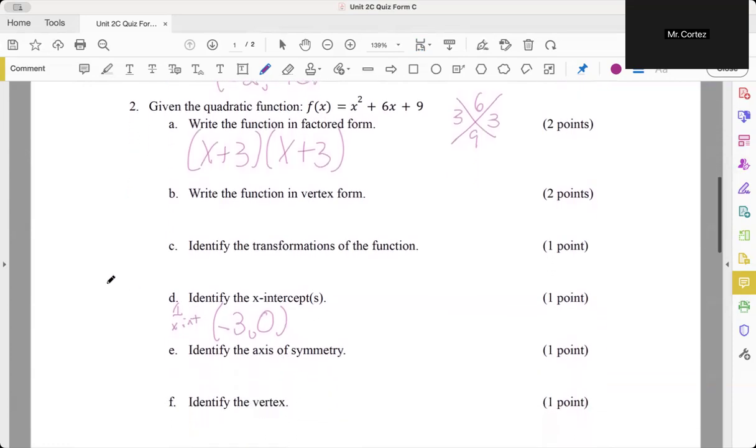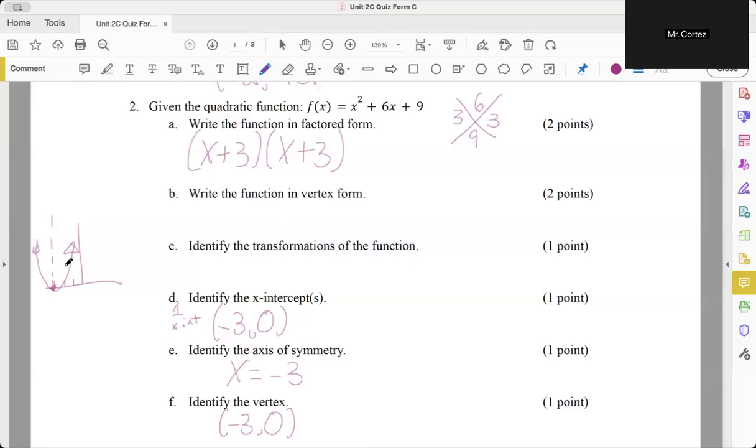We can also, interestingly enough, feel pretty confident that this is where the vertex is, because if we map this out, one x-intercept at -3 goes up from there. So this means that we have an axis of symmetry there at -3, and this is also our vertex in disguise.